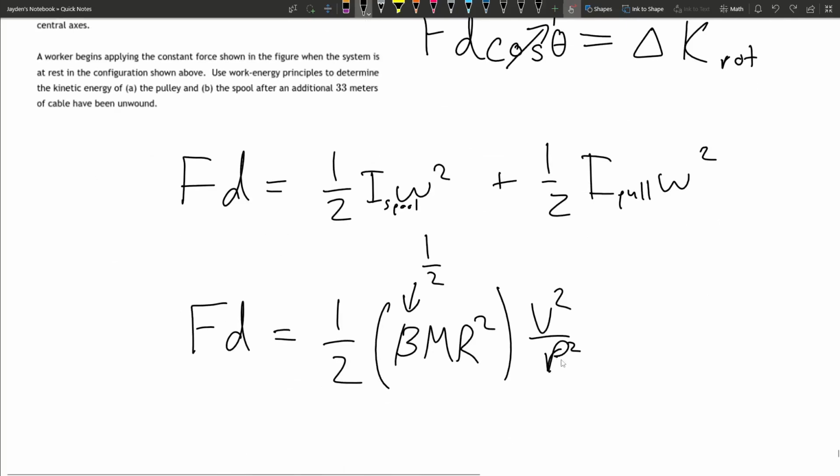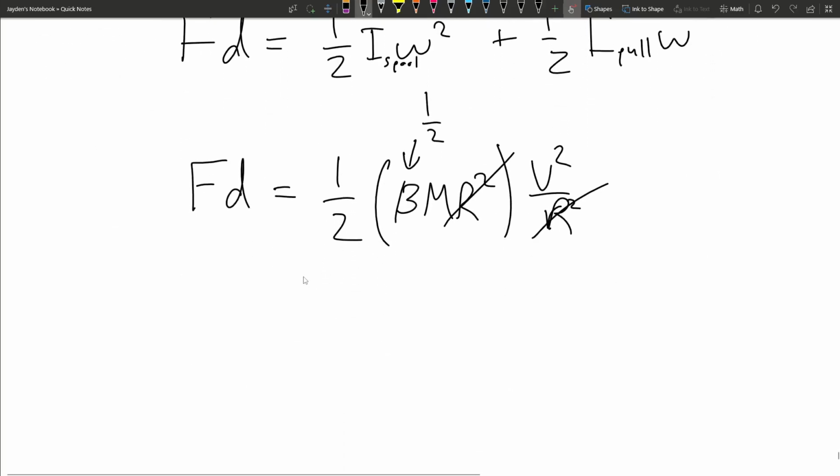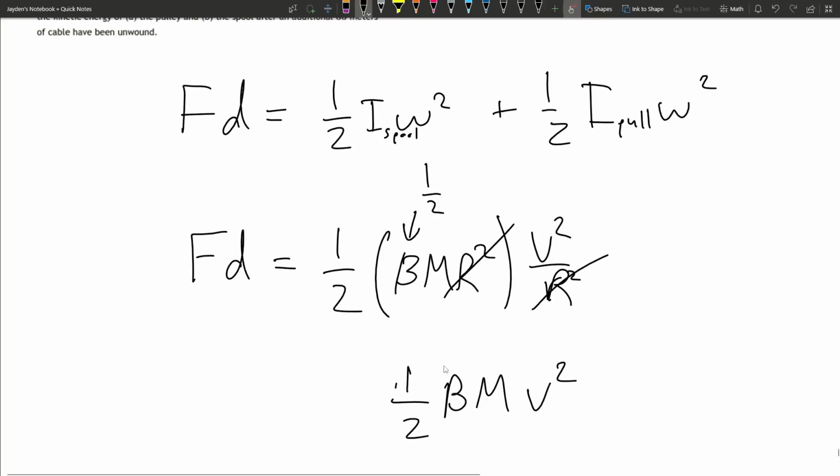So let's make it a capital R. So this cancels out, and you'd be left with 1/2 beta m v squared. After that, do the same thing to this side.